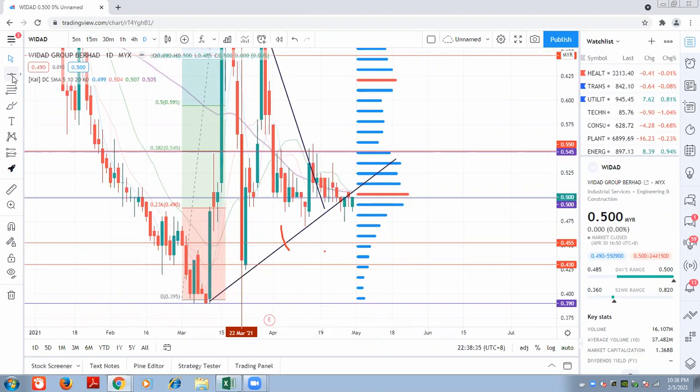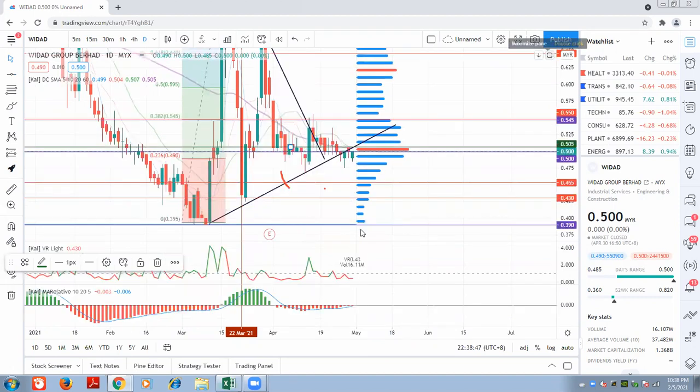When it goes above, it will go up to the next resistance. So is it dangerous or not? Let's look at the volume. The volume is still lower. Remember, we have price analysis and volume analysis. We cannot rely on the chart 100%. We need to see the volume analysis.